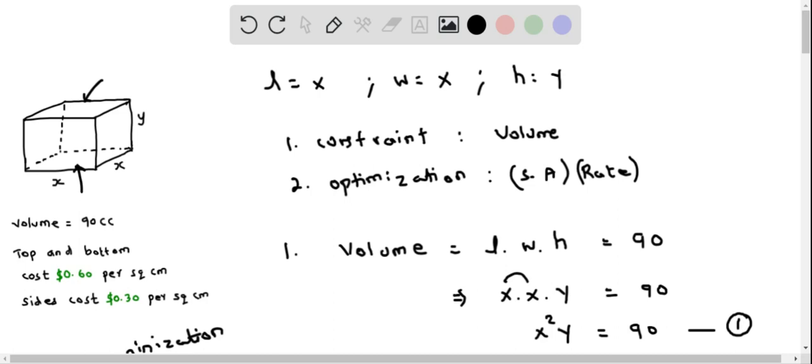The area of the top surface will be x squared, and the bottom surface will also be x squared. As far as the sides are concerned, we have four sides: the front, the rear, the left, and the right. For each of the sides, the area will be length times height, that is x times y. Since we have four sides, we write this as 4xy.